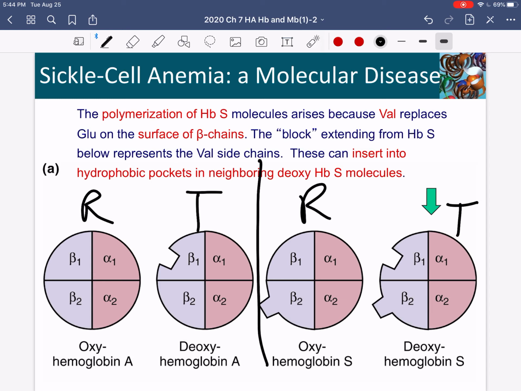Oxyhemoglobin S does not form these polymers, these chains that sickle the cells. But deoxyhemoglobin S has the block extended, that's the valine, and it has the hydrophobic pocket on the front here, so that now they can interlock, and you actually get those polymers forming only in the deoxy state, the T state of sickle cell hemoglobin.